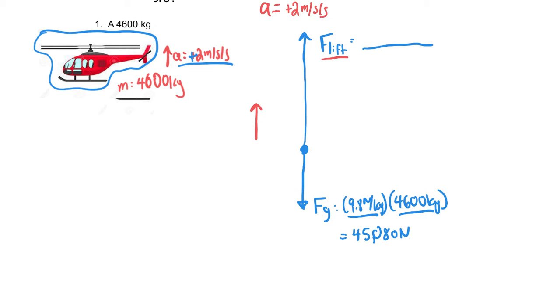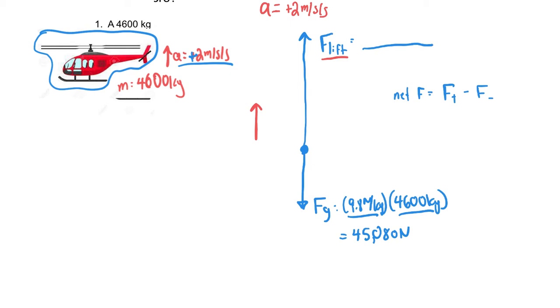How much longer is it than the other force that's opposing it? Okay, so one way to figure out the net force is to actually take the difference. The net force is really just the difference of the upward force and the downward force.